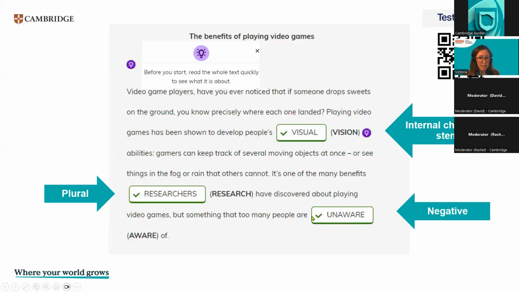But in some other cases, you will need to read the whole sentence to understand really what you need to complete the gap successfully. So these are just some examples of the type of changes that you may need to make to the different words. And then, as I said, super important to read everything quickly to make sure that you understand the text, that the text flows, and that it makes sense.